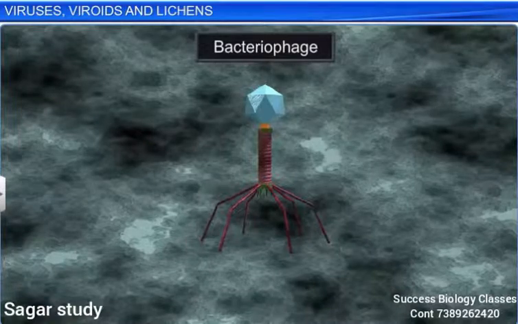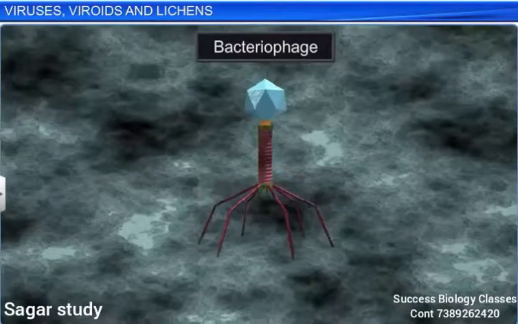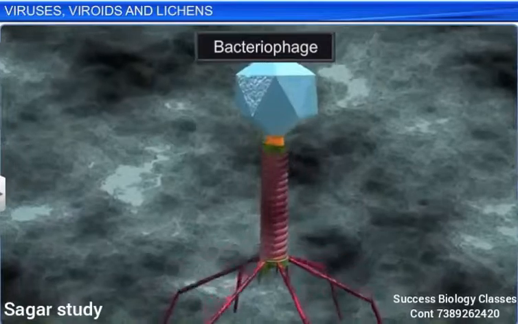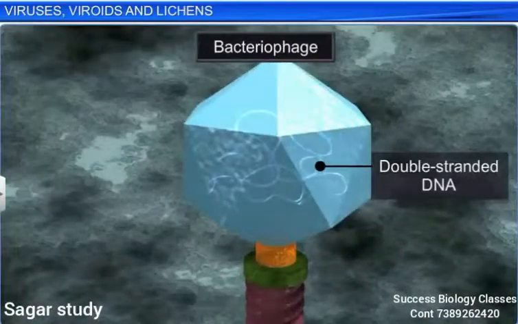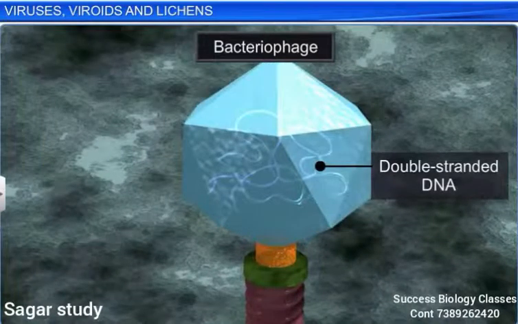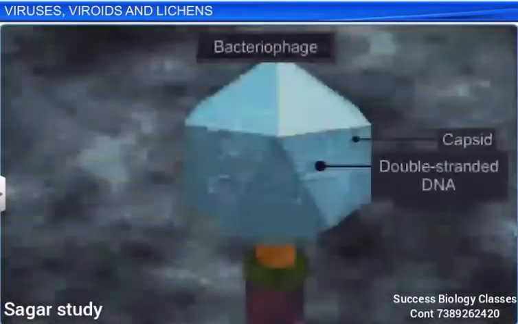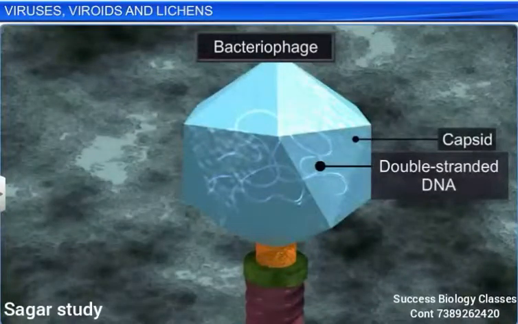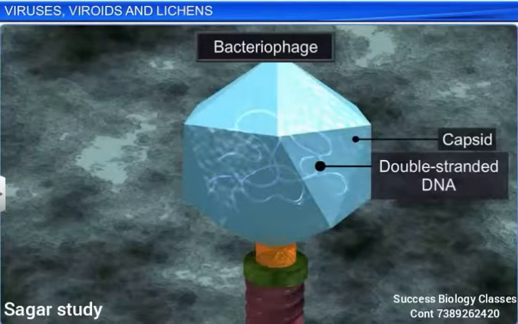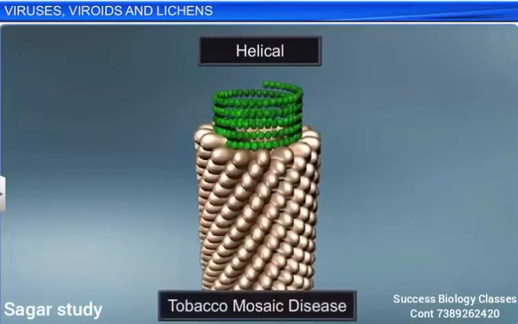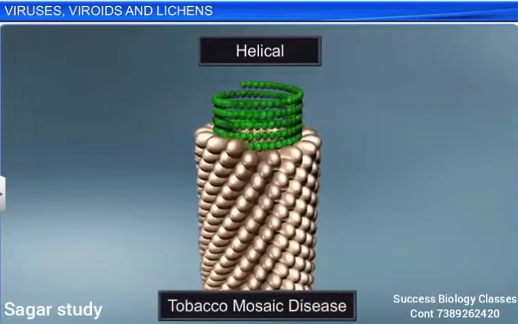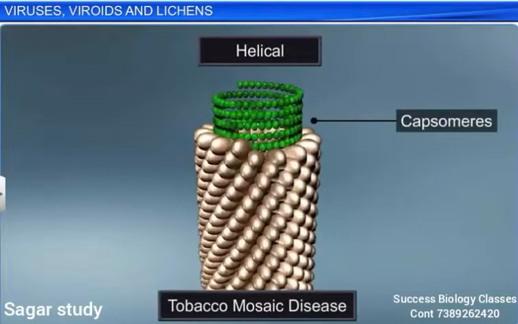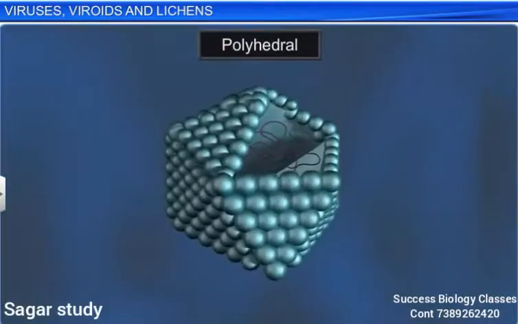Bacteriophages, the viruses that infect bacteria, usually have double-stranded DNA. Typically, bacteriophages have a protein coat called a capsid that protects the nucleic acids. A capsid is made up of small subunits called capsomeres that are arranged either helically or in a polyhedral manner.